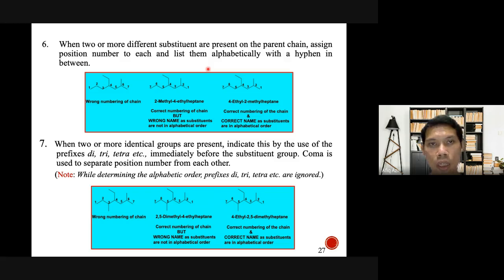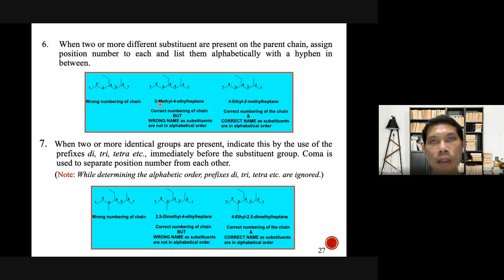But then in naming, you don't give according to the numbers. Let's say here the substituent at carbon number 2 is methyl, but at carbon number 4 it is ethyl. So you don't write it as 2 methyl 4 ethyl. That is wrong because it has to follow the alphabetical order.